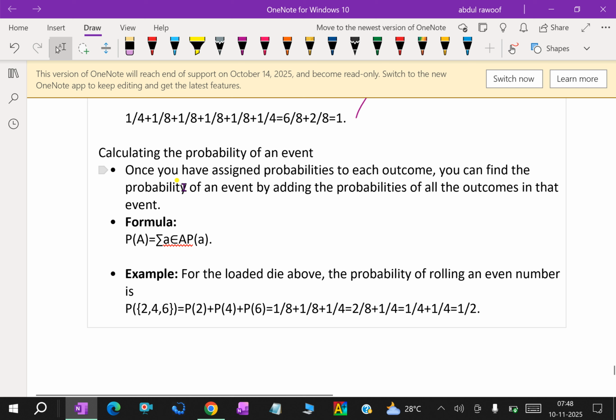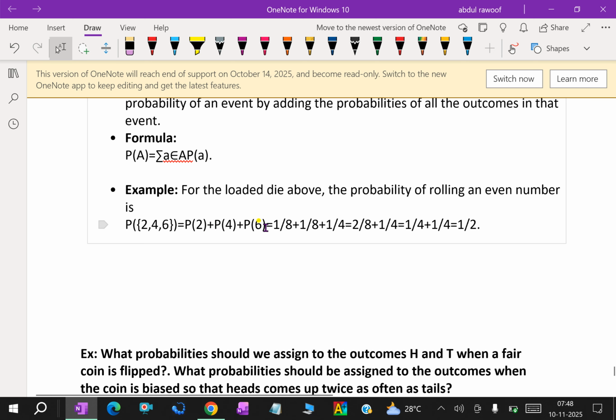Once you have assigned the probabilities to each outcome, you can find the probability of an event by adding the probabilities of all the outcomes in that event. Formula: P of A equals the sum over outcomes s that are an element of A of P of s.